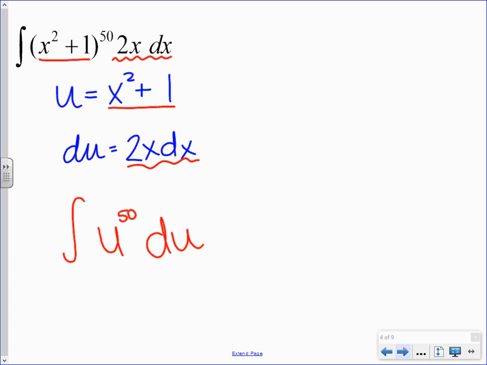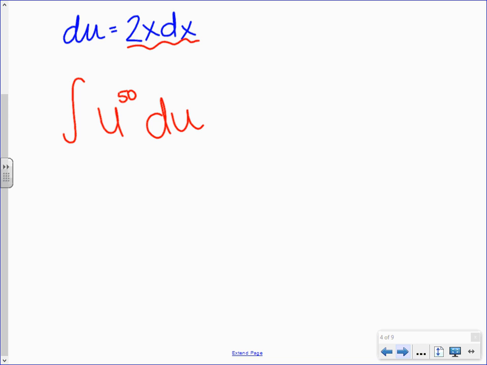If we take the antiderivative of u to the 50th power, we get u to the 51st power times 1 over 51 plus c. Now, our original integral, what was the variable inside? X. What do I expect your answer to be in terms of? X. So we're going to go back up to here.